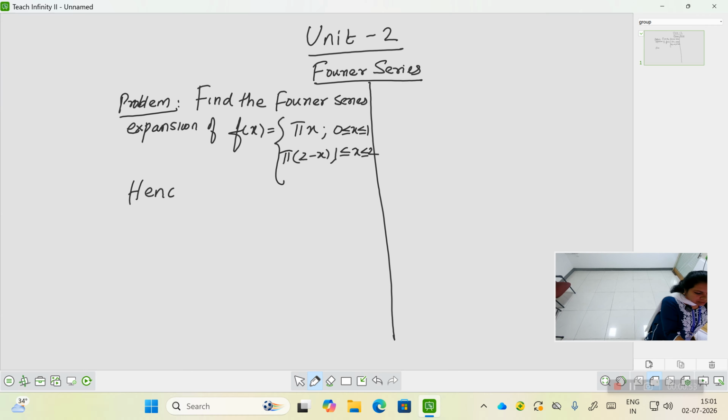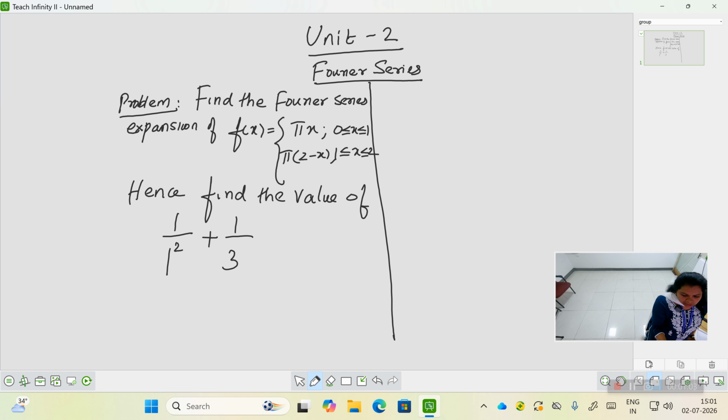Hence, find the value of 1 by 1 square, 1 by 3 square, 1 by 5 square, etc.